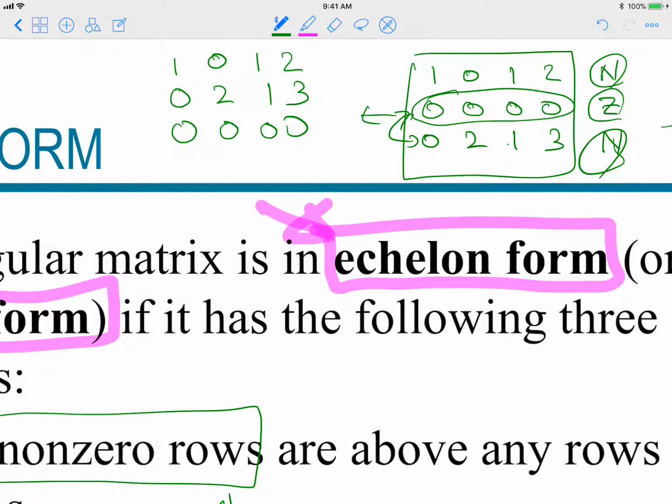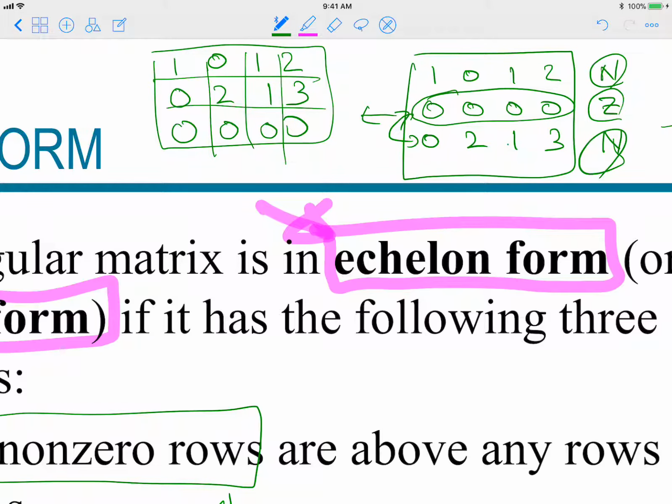In this case we consider the leading entry of each non-zero row. Again, the leading entry will be this one in the case of the first row, and in the second row the leading entry will be this one, right? And for each of these leading entries, we look at the bottom part, vertically.